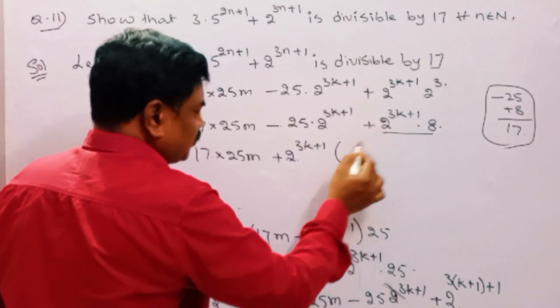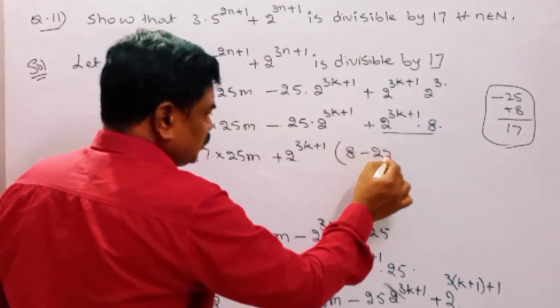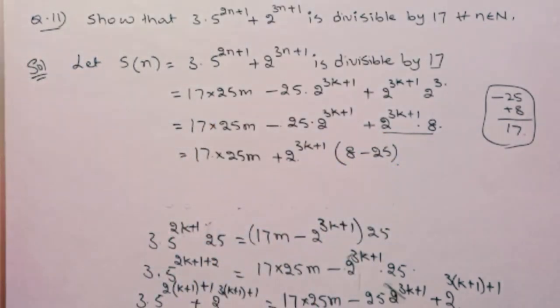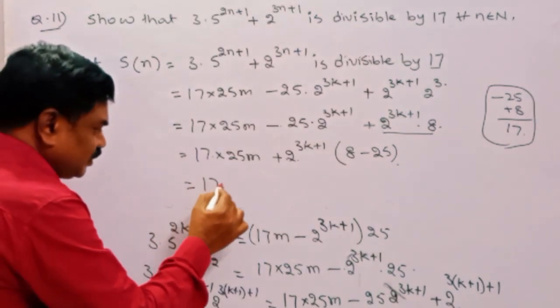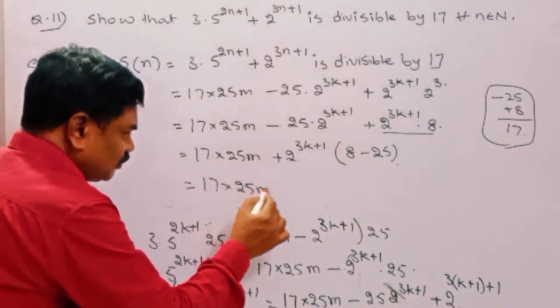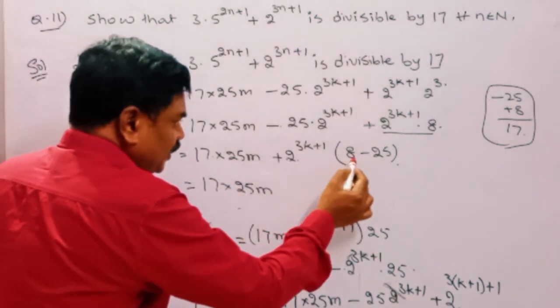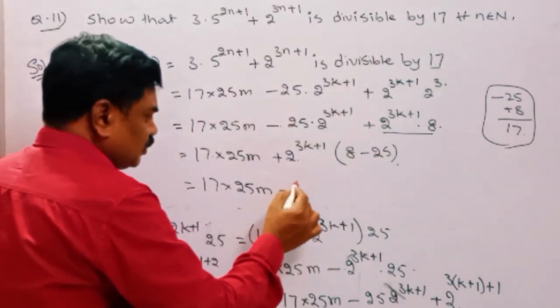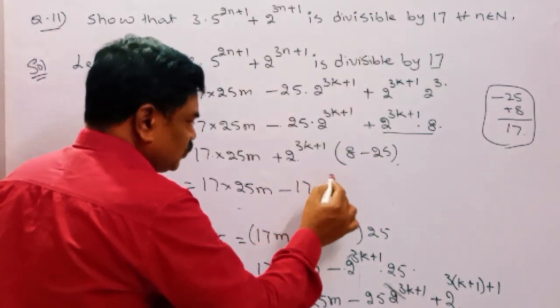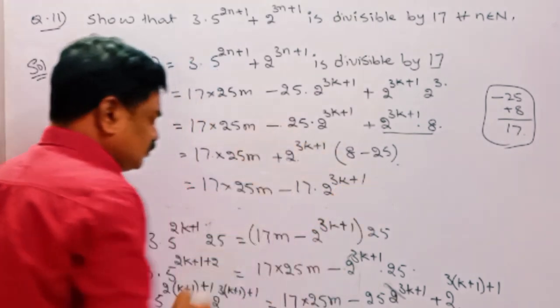Then what is 17 into 25m, here 8 minus 25 is minus 17, into 2 power 3k plus 1.